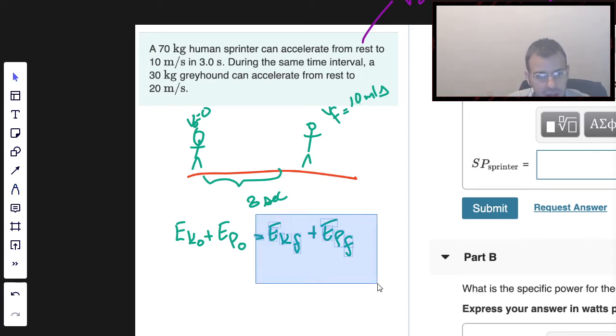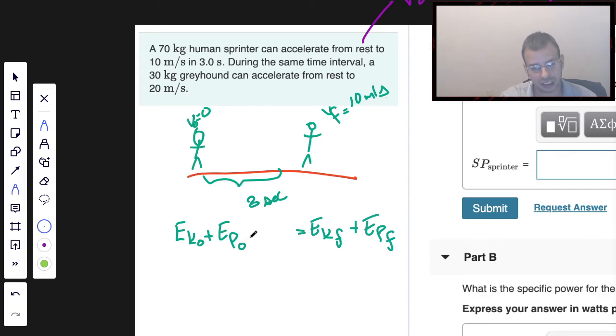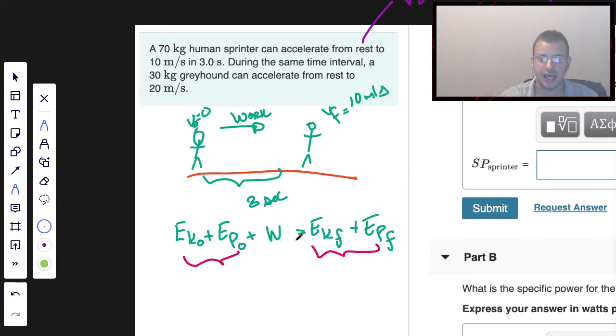We have our initial energy, we add some amount of work to it, and that added work gives us our final speed. So this is what we're going to use: conservation of energy, and those aren't going to equal each other. The difference between the two is the work that we added. So this is the formula we get.